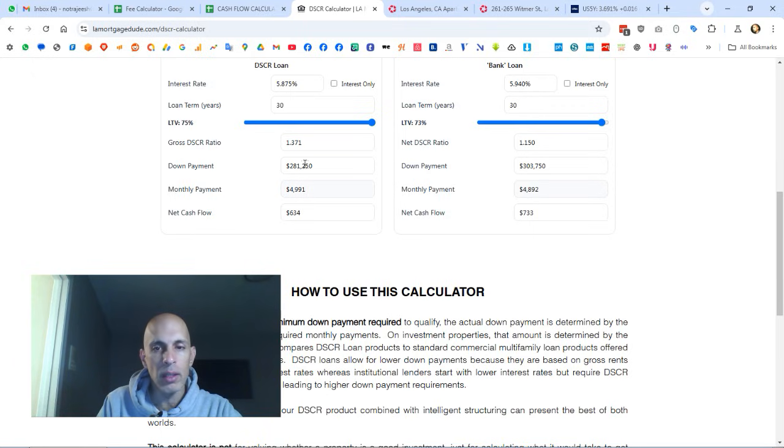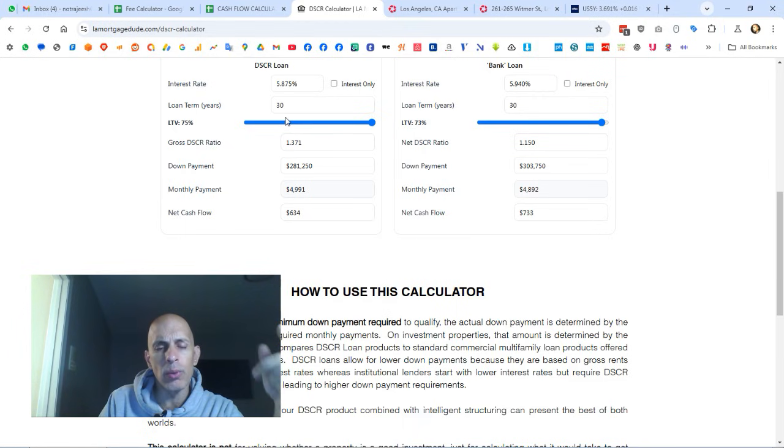Your down payment is about $30,000 less. And yes, you had to buy that interest rate down, but really what you're going to do is get the seller credits to pay for it. I would guess it would cost about 5 points today.